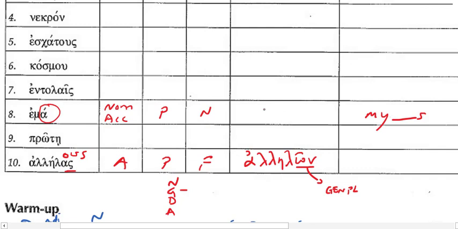Yes. And then what's the lexical form here? Yeah. Emos. And then again, since this is an adjective, emon, and that's the feminine and the neuter. It's a 3-termination adjective.